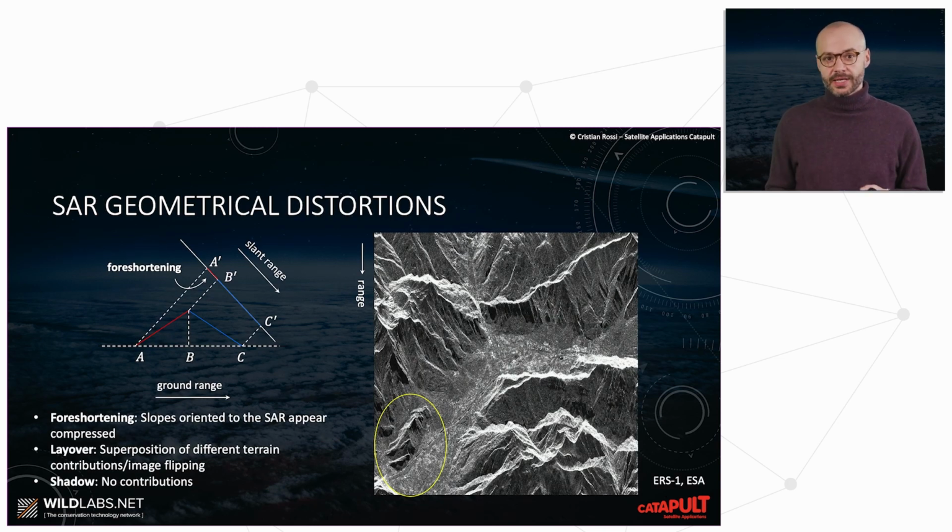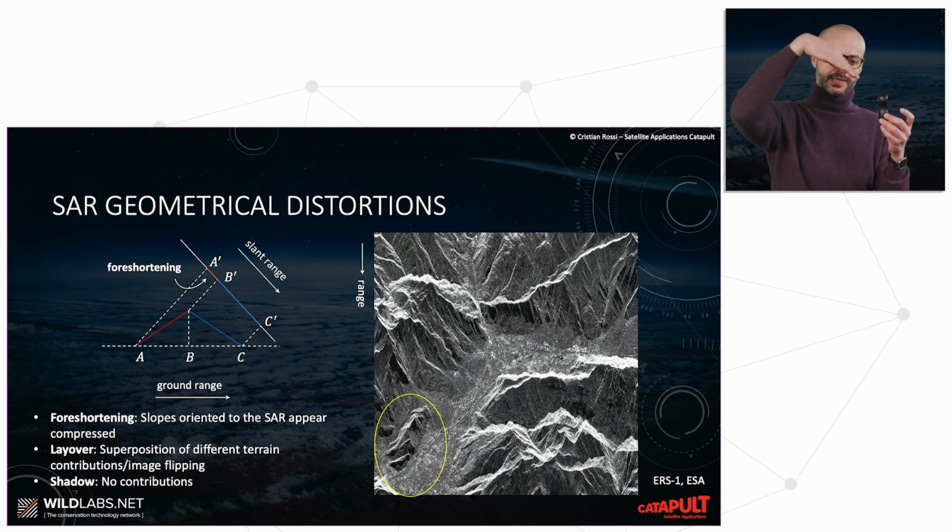When we see an image, like in this specific case, the y-axis is the range and the x-axis is the azimuth. That means that the sensor is basically flying in this direction. There are very specific distortions due to the side looking of synthetic aperture radar, and they are mentioned here. Maybe the easiest one to understand is the shadow. Assume that this is our object and the sensor is over here, so what we are acquiring is basically in this direction.